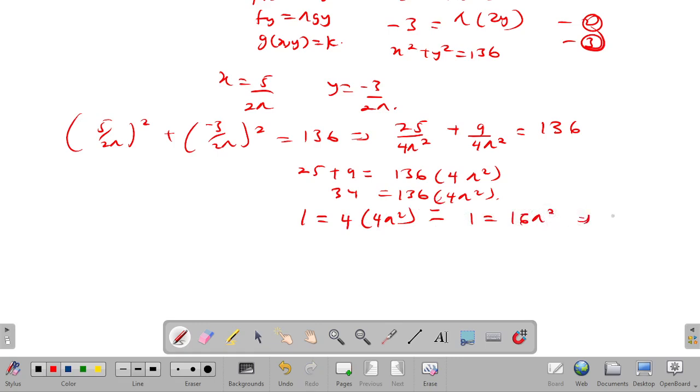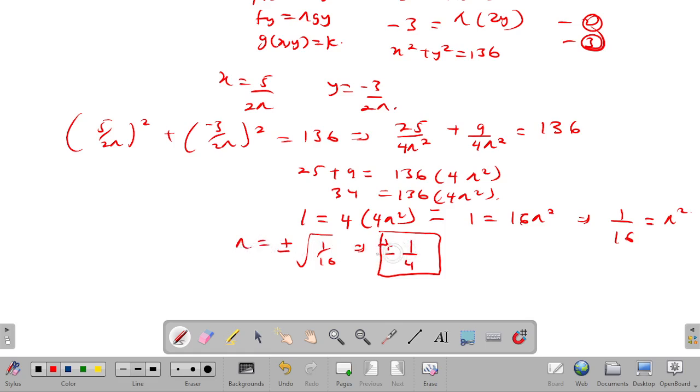I'll have 1 over 16 equal to lambda squared. So lambda will be equal to plus or minus the root of 1 over 16, which is equal to plus or minus 1 over 4. And this is what we have as our values for the Lagrange multiplier.